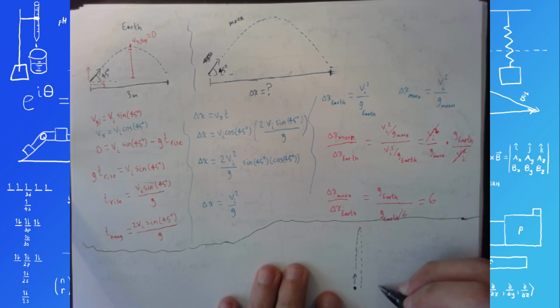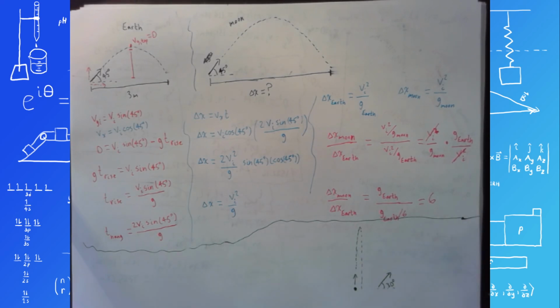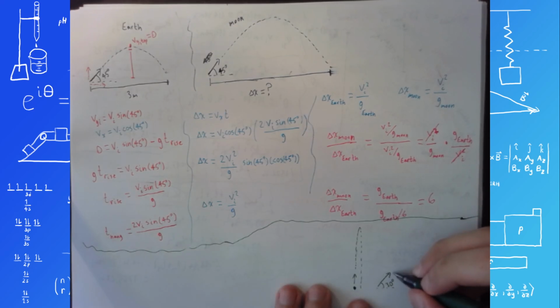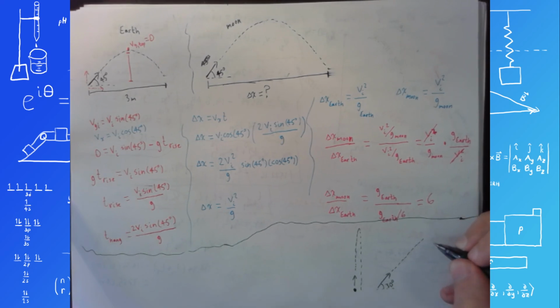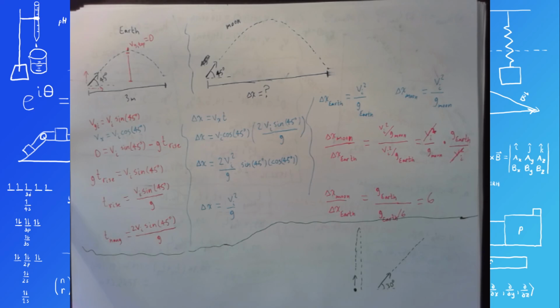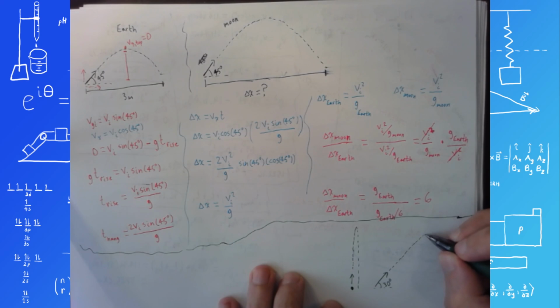We have another ball that is thrown at a 30-degree angle, and it needs to be thrown with a velocity such that it reaches the same height as the ball that was thrown vertically.